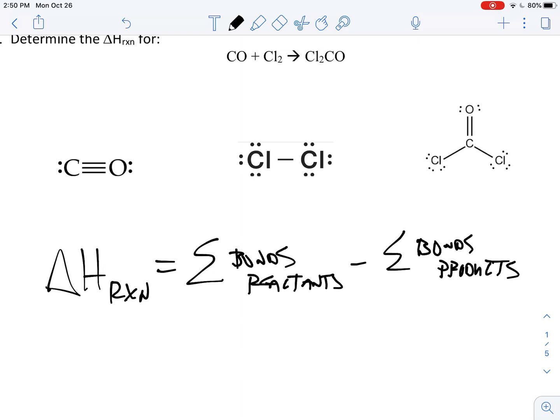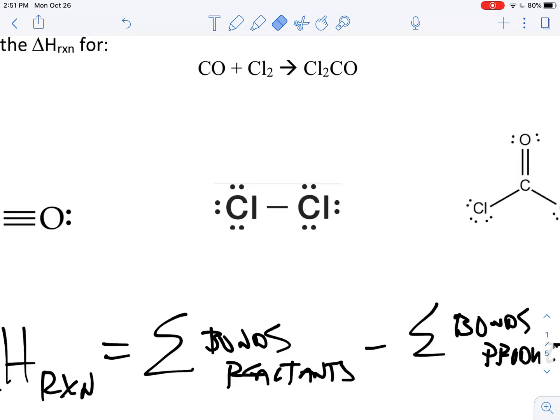So you're going to add up the reactants, and you're going to subtract the products. The other way to look at it is to add them all up and make sure the products are negative. Basically, you add up everything that is a reactant; that's positive. You add up everything that is a product; that's negative, or you're subtracting the bonds of the products.